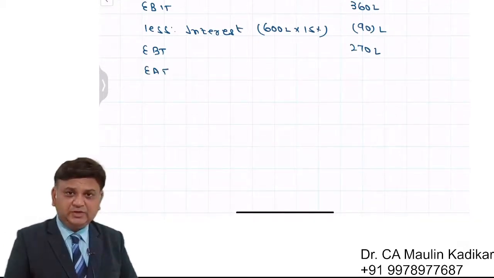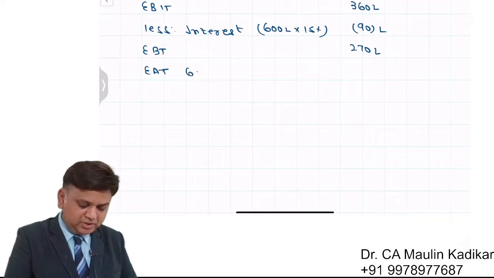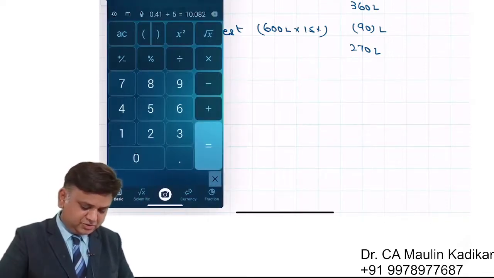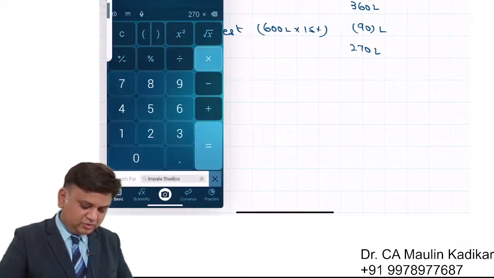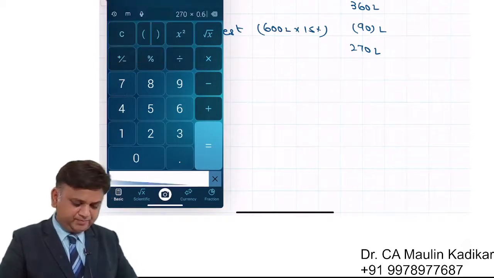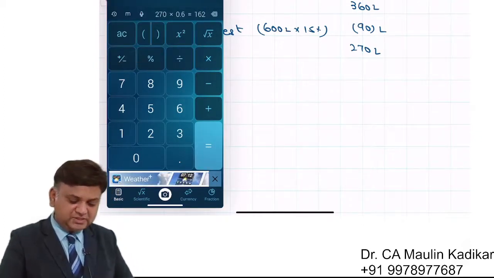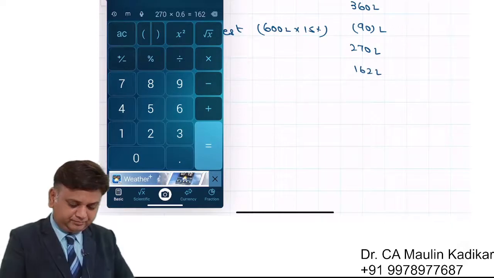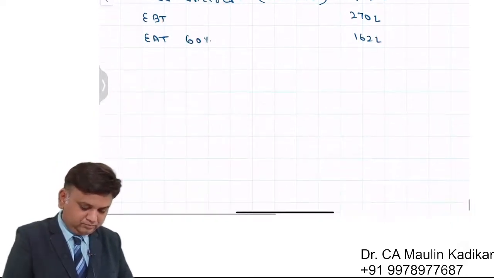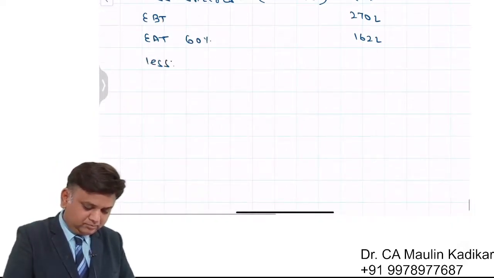Income tax rate is 40%. So earning after taxes will be 60%. So 270 into 0.6, that comes to 162 lakhs. Less preference dividend.